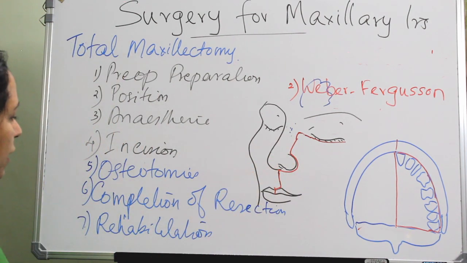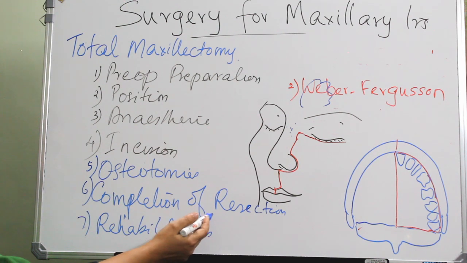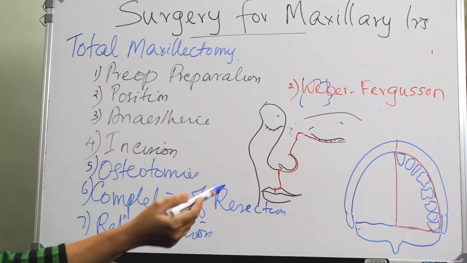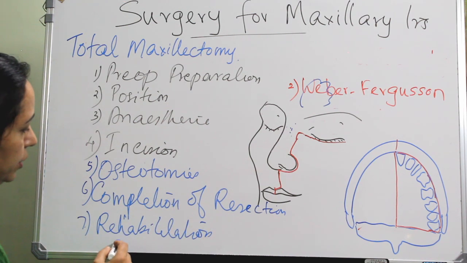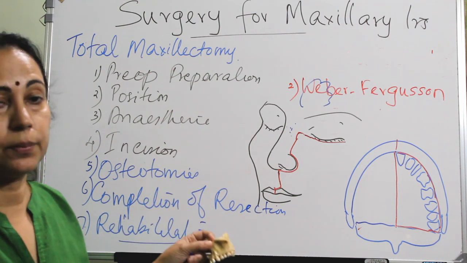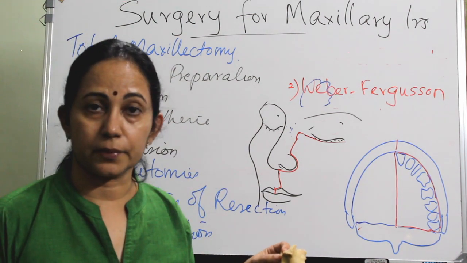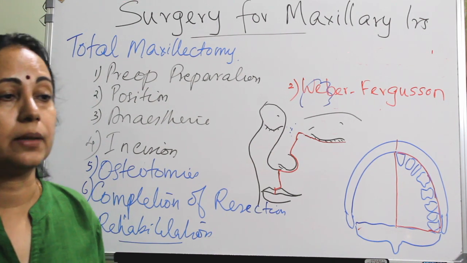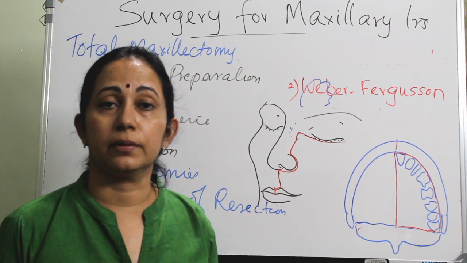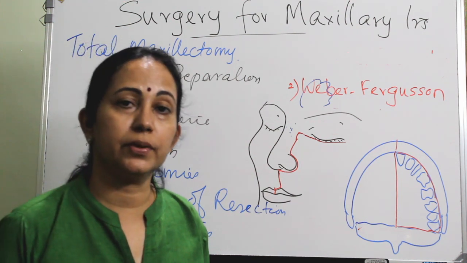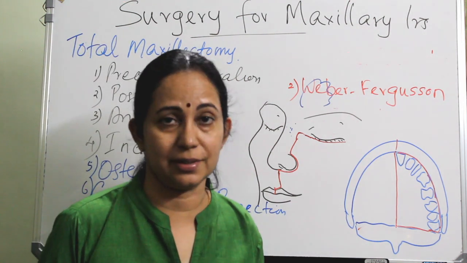Okay. Then the completion of resection, looking into the orbital part to decide whether to do an orbital exenteration or not, and also rehabilitation. So we talked about medial maxillectomy using a lateral rhinotomy incision, then the approach of midfacial degloving, and also the classical Weber-Ferguson incision and a total maxillectomy. Thank you.